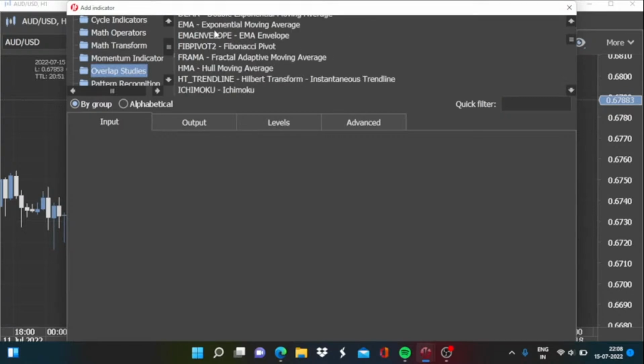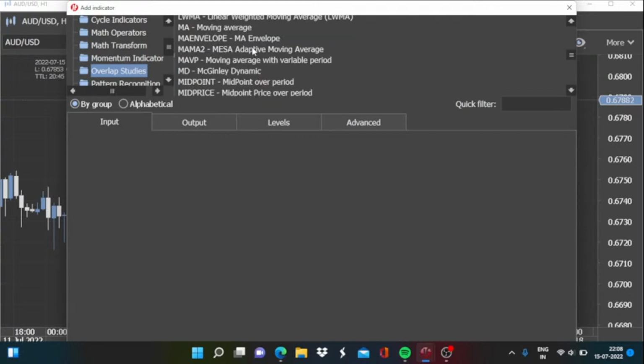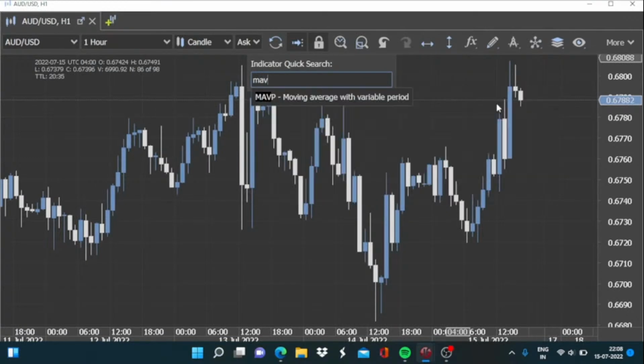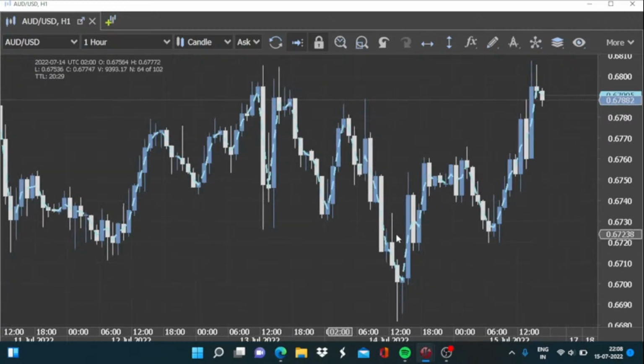So here you will find it in this long list of moving average indicators. So let us see where it is. Here it is, MAVP. Other option is to simply do a quick search, and here you type in MAVP and it appears. Alright. So this is your indicator.